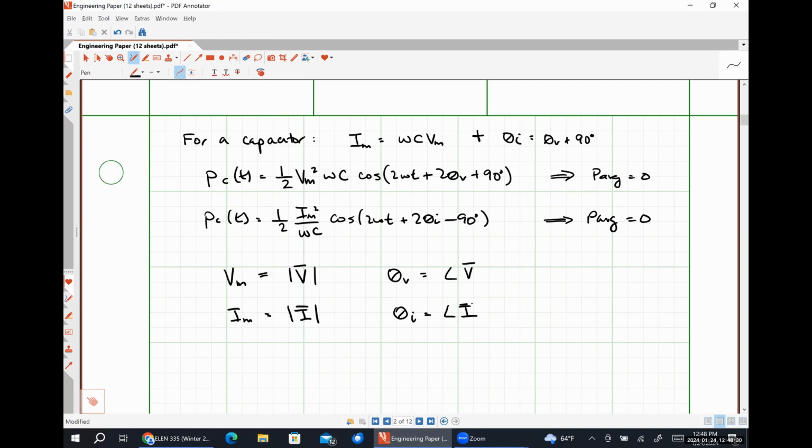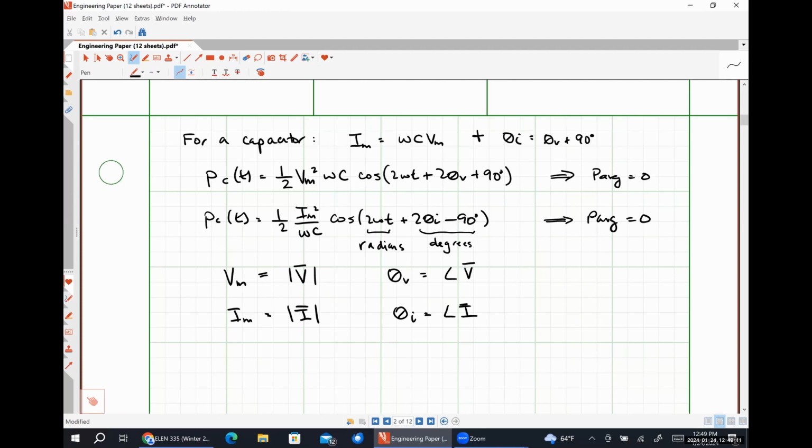Another quick thing here, just in case you have to numerically solve anything like this. This angle right here, twice omega t, is expressed in radians because omega, by definition, is measured in radians per second. Radians per second times time is going to give us an angle in radians. This other angle right here, I wrote angles, I meant degrees, sorry, is an angle that is measured in degrees.